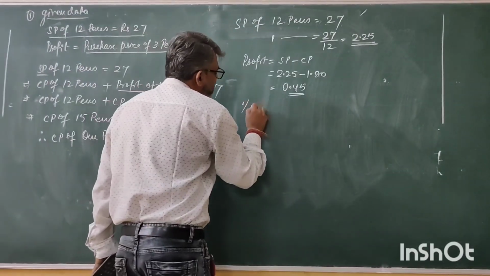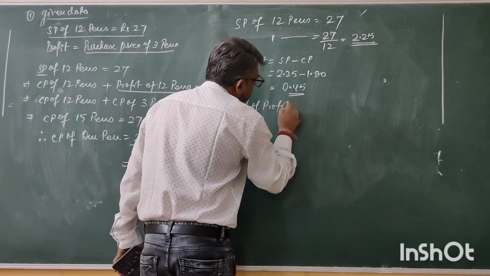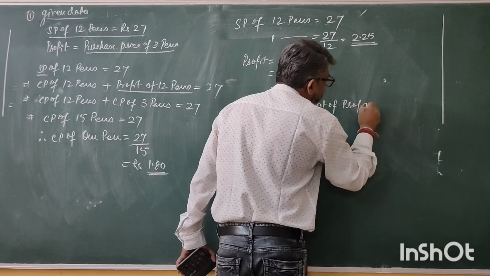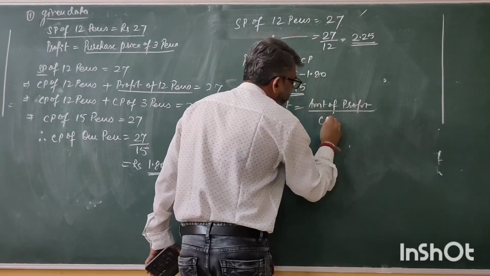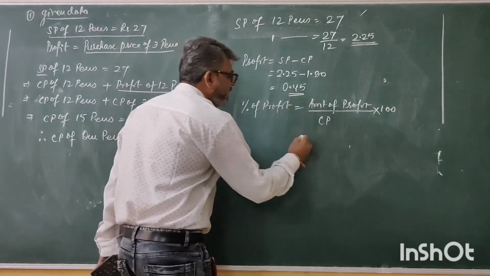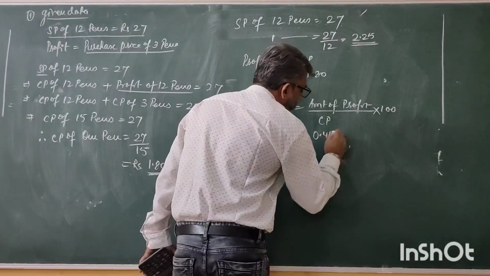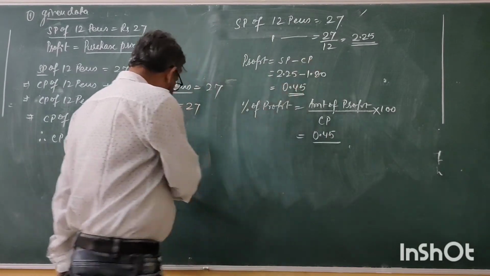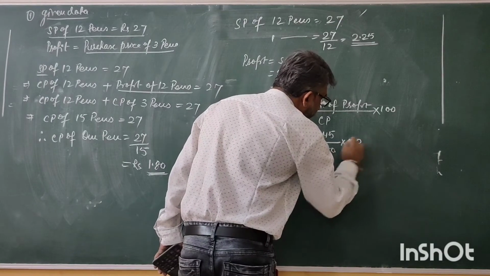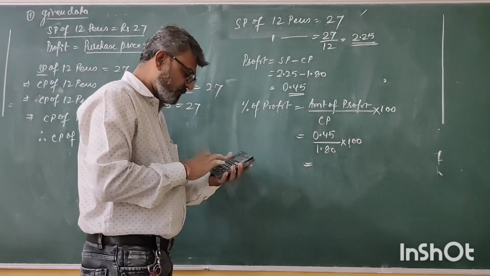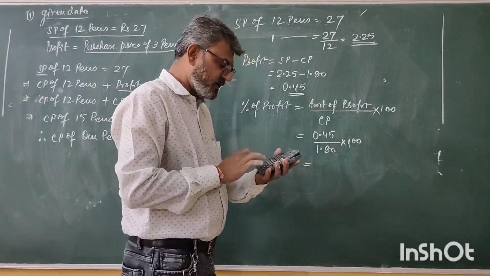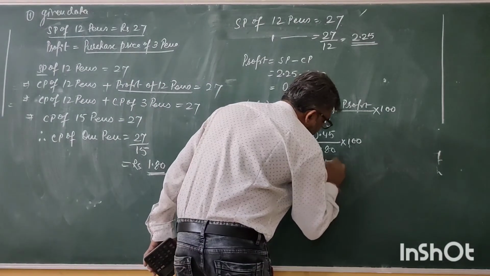Now percentage of profit is equal to amount of profit divided by CP into 100. Clear? Amount of profit here is 0.45, CP here is 1.80, into 100, and the result is 0.45 divided by 1.80 into 100. Now it is 25%.